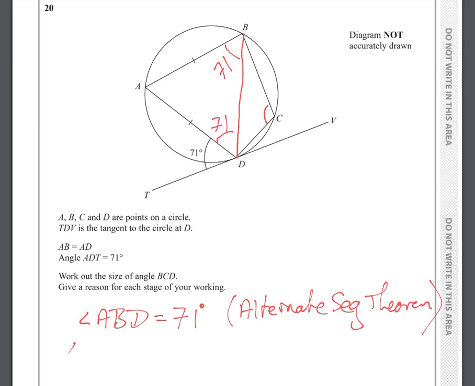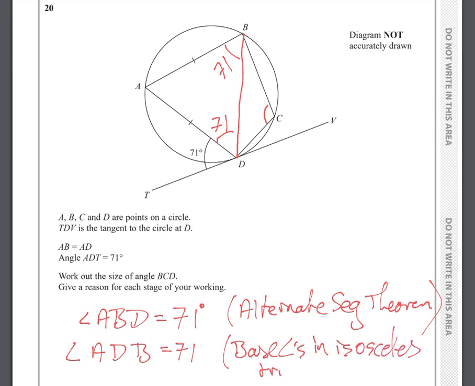So angle ADB equals 71 because the base angles in an isosceles triangle are equal.